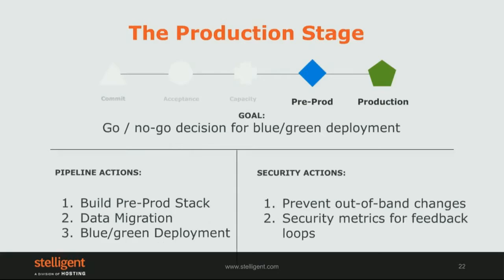So when we add security testing into our pipeline in this final production stage, what we're seeking to do here is, we've already done all these tests along the way, but again, when you're in the public cloud, providing resources in AWS or other clouds, your code certainly is making changes to your environment.